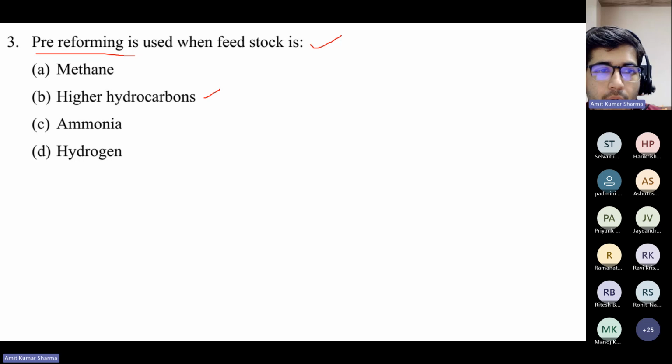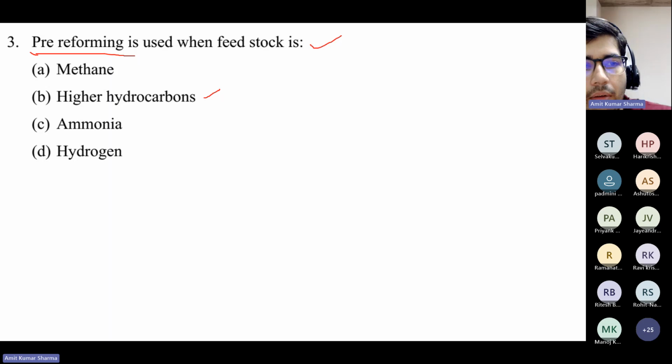If you already have a pre-reforming reactor, you can use a cheap catalyst there. If there is some deposition, you can replace it at lower cost compared to your main reactor. So that is also a point.